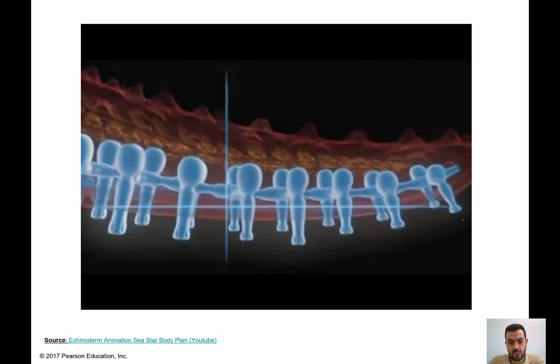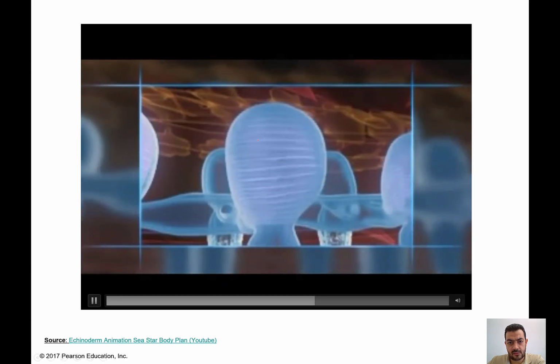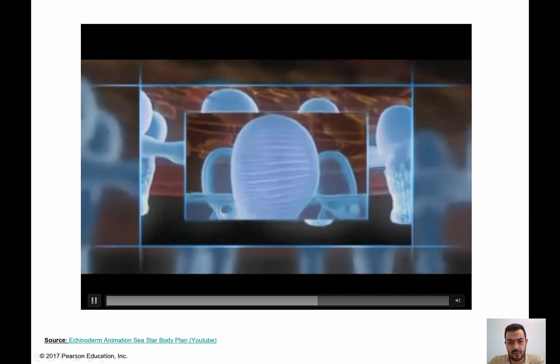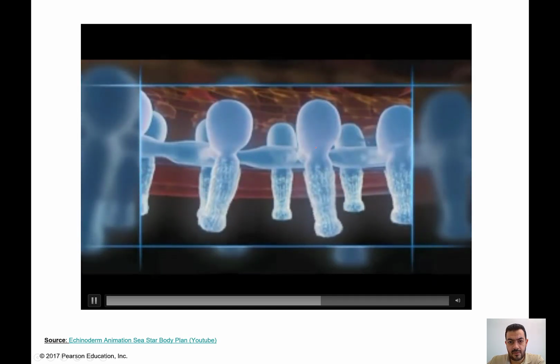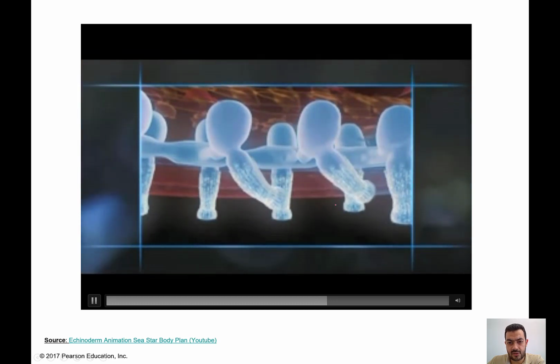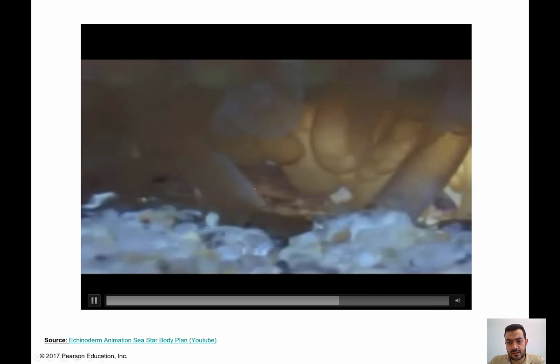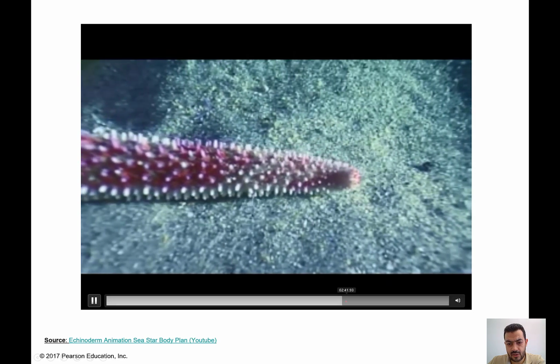And here we have the two parts that make the tube feet. And once this head gets filled, the feet will move in certain directions. So the extension of the feet in a certain direction, this collaborative movement, will allow the sea star to move in a certain direction.